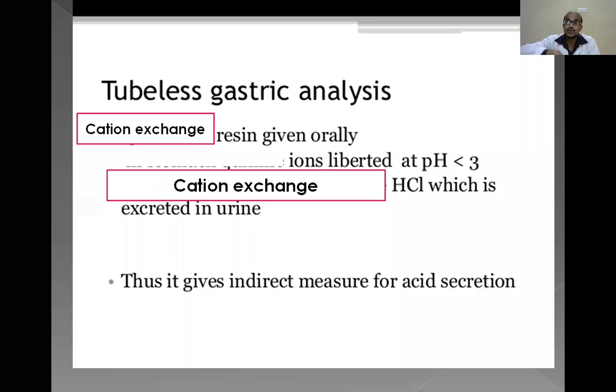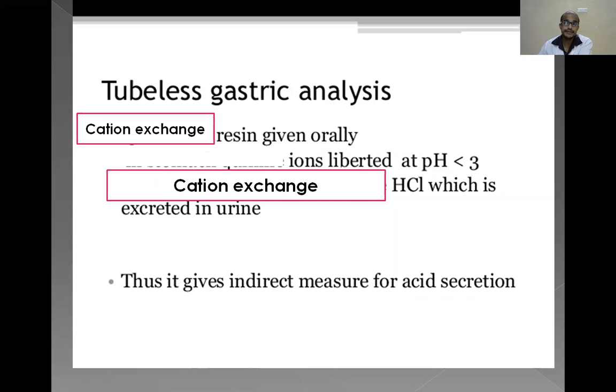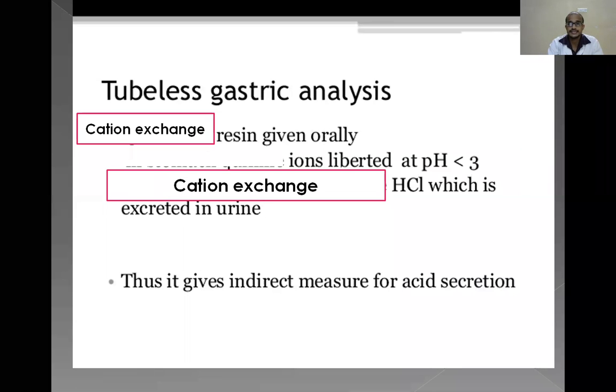It goes into the stomach, and only at that pH will it release the ions. These ions combine with the HCl present in the stomach, and when excreted in the urine, we can estimate the amount of ions released in the stomach. Depending upon the ions, we can assess the acid secretion in the stomach. This is tubeless gastric analysis.